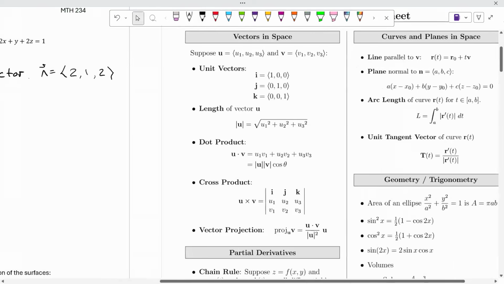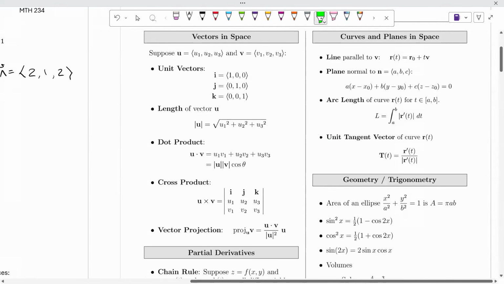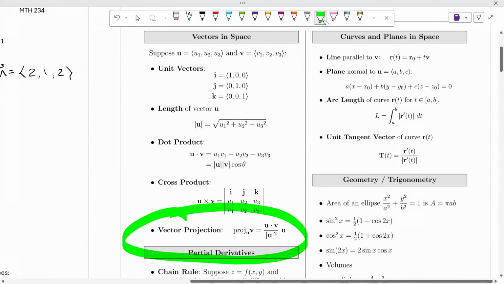I am going to look over at the formula sheet. Vector projections are right there. I'm going to grab the vector projection formula and project onto the normal vector. In particular, I'm going to be taking the magnitude of this projection vector, also known as the scalar component, the scalar projection, which means I only need part of this equation: u dot v over magnitude u.